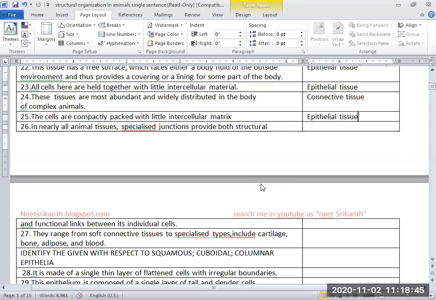In which tissue will we have the specialized junctions which provide both structural and functional links? We say the gap junction, we say it has tight junction. Mostly these junctions you find in epithelial tissue. So the junctions are present in the epithelial tissue.